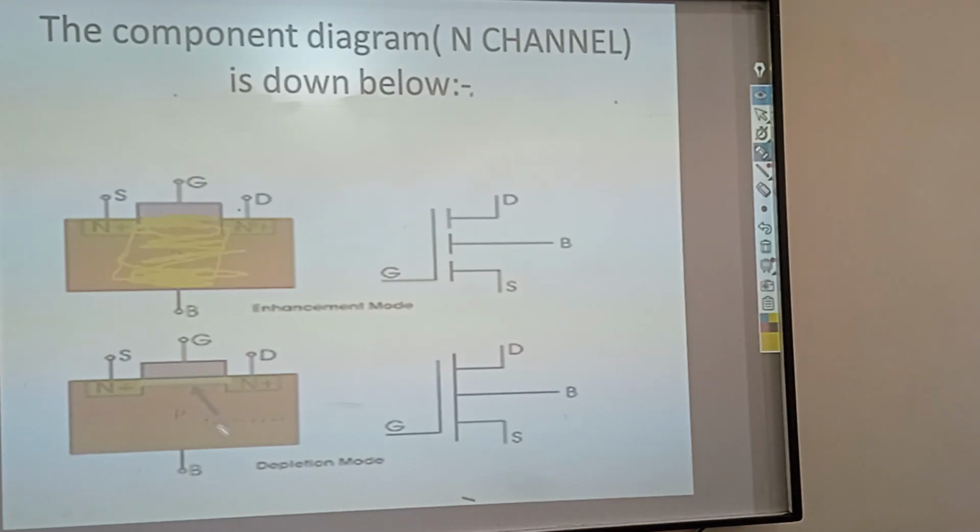Now this is normally on. Now you can see that electrons can go through it. But whenever we apply a negative current coming from here, protons come and attract, making the space lower down. Now this is the last one.